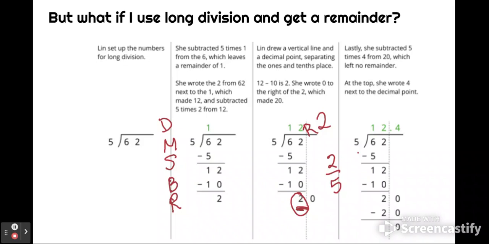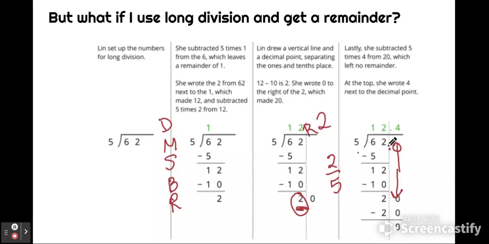She put a decimal in here and brought down a 0. All whole numbers have a decimal point at the end and an infinite number of zeros behind it. That means as long as I put that decimal point in there, I can add as many zeros behind it as I want.